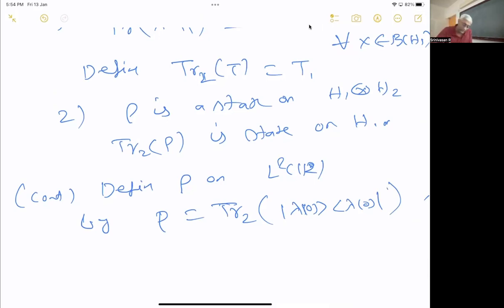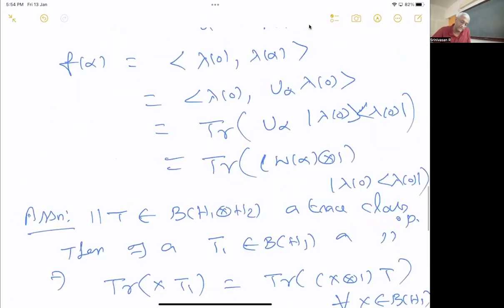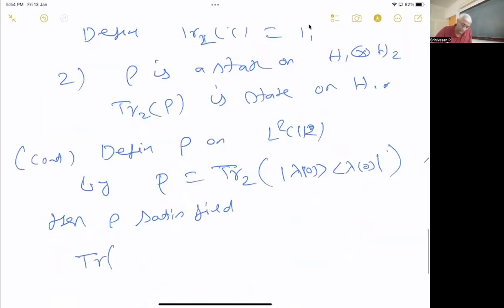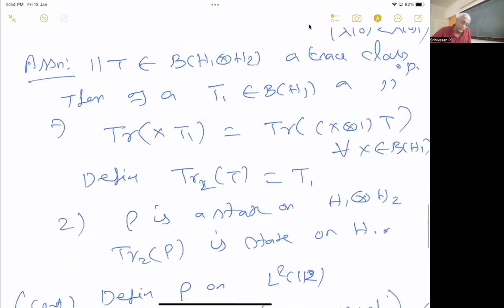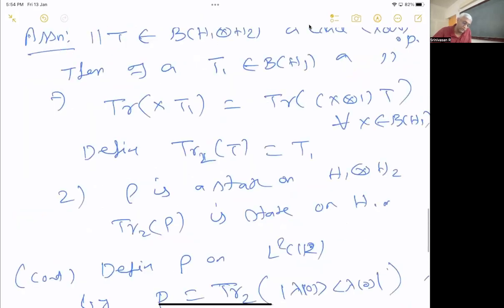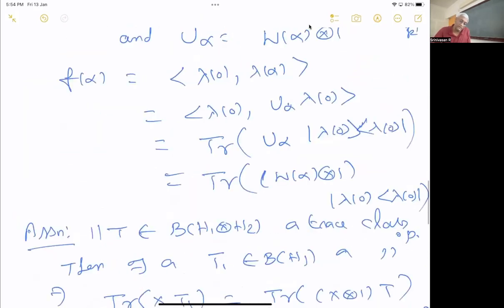Then rho satisfies, as we already have, the trace of W of alpha tensor 1, which is equal to that, right?